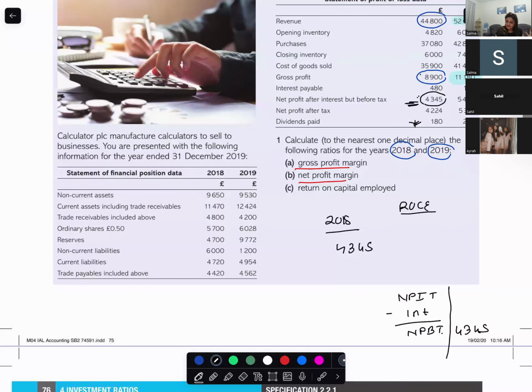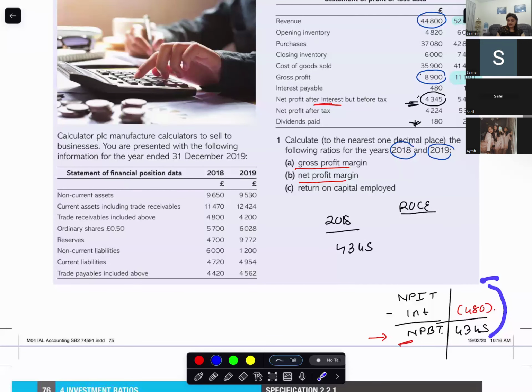Just digest this fact. This profit is after interest, but before tax. So interest is 480. So net profit before interest and tax will be how much? You add 480 to your net profit.